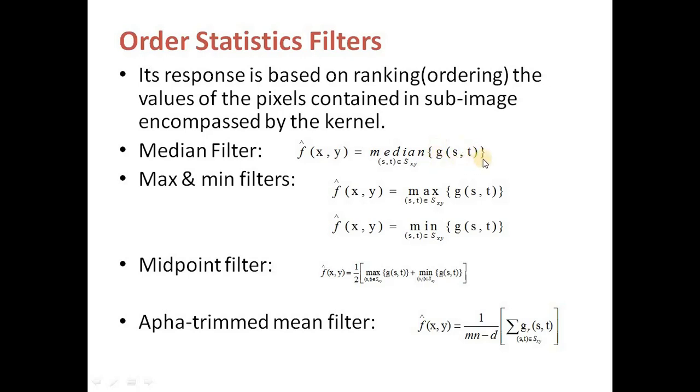Whatever intensities are included in the coordinates contained in capital S of xy are first ranked in increasing or decreasing order, and then the median intensity value is found and assigned to f cap at location x, y. F cap of xy is the median intensity of all the intensities in the subimage encompassed by the kernel.